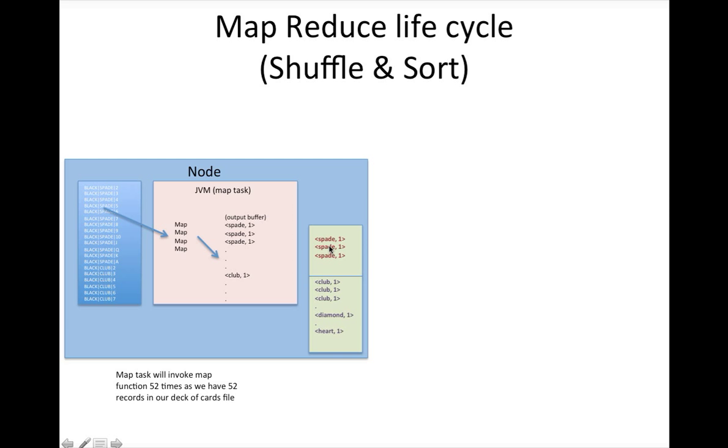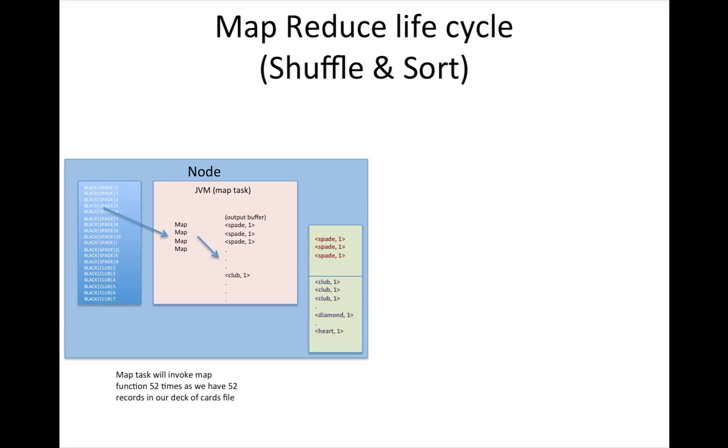And then a mod function will be applied using the number of reducers. In our case, the number of reducers is 2. Hence, the hash value of spade, club, diamond, and heart is divided by 2, and based upon the remainder, it has decided to distribute data in this fashion. Spade has gone to one partition, and club, diamond, heart has gone to the other partition.